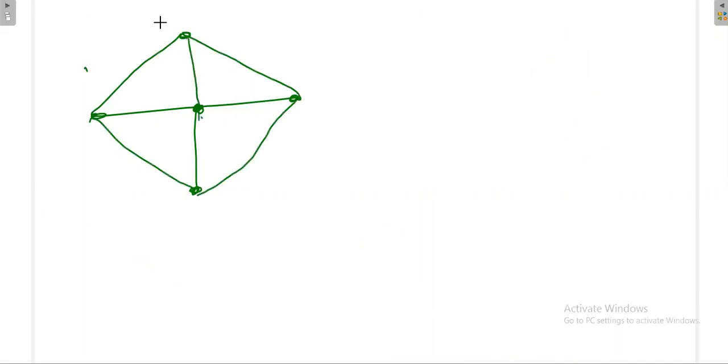Now I'm going to separate, for example, A, B from C, D, E. How many cuts do I have to make?